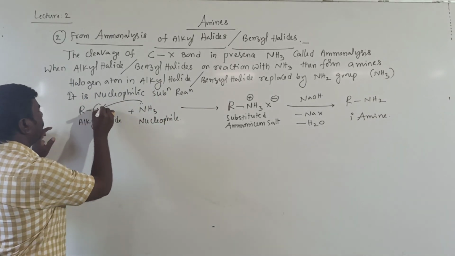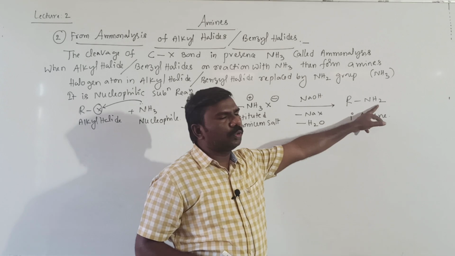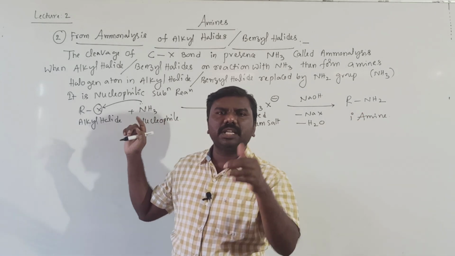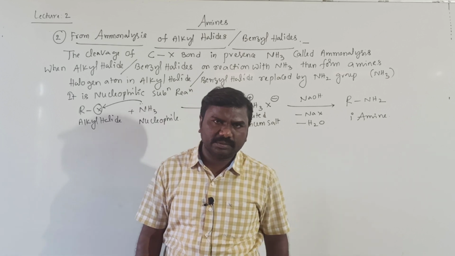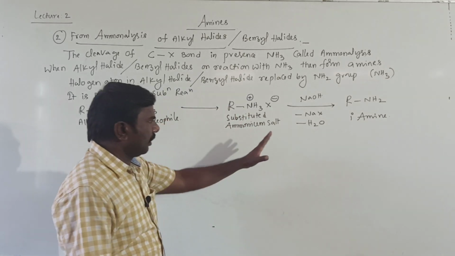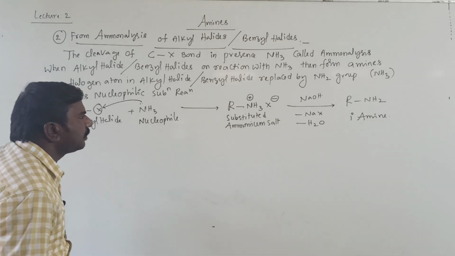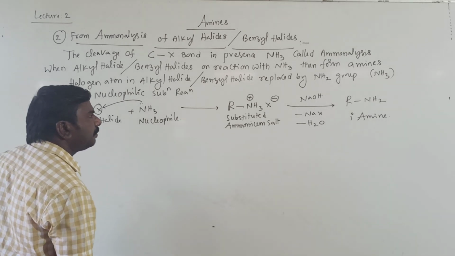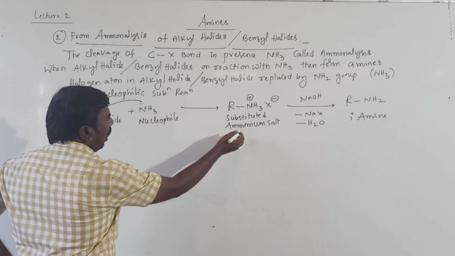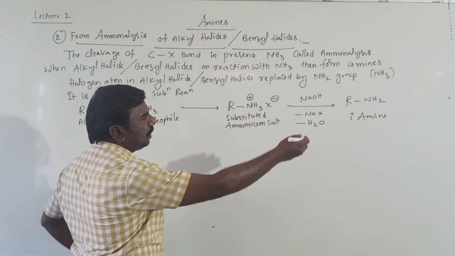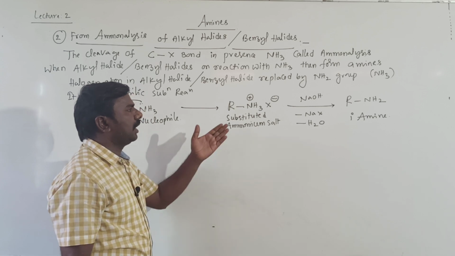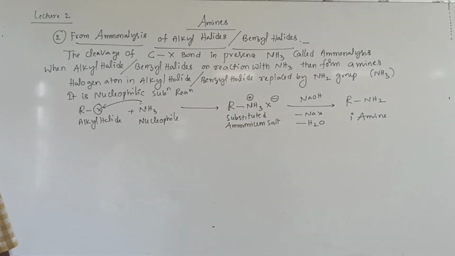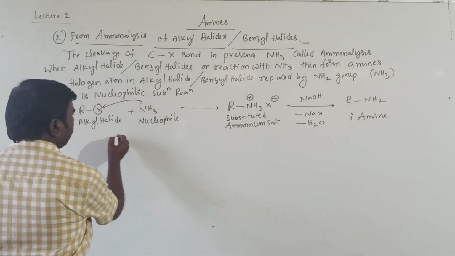Put simply, X is replaced by the NH2 group. In NH3, one extra hydrogen and X are eliminated as HX. Direct one we can take. Right students? The ammonium salt is converted into amine by NaOH.